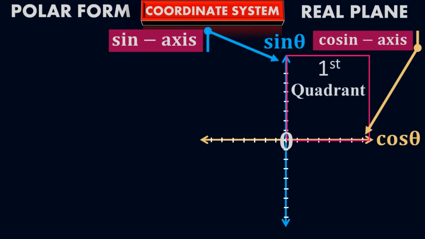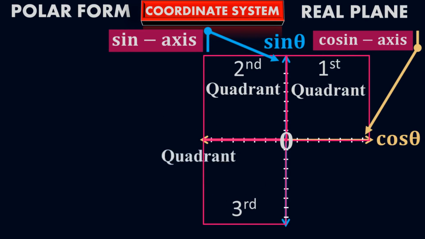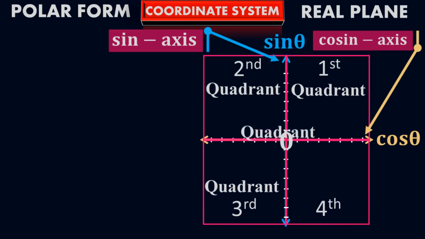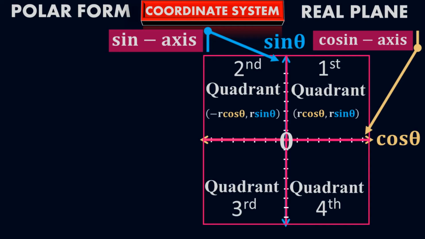This is the first quadrant. Here is the second quadrant. This is the third quadrant, and this is the fourth quadrant. This is the polar ordered pair for the first quadrant, the polar ordered pair for the second quadrant, the polar ordered pair for the third quadrant, and the polar ordered pair for the fourth quadrant. Look, both the elements of the polar ordered pair are positive in the first quadrant.